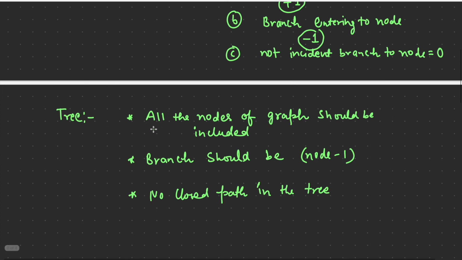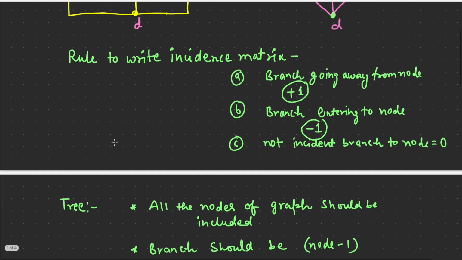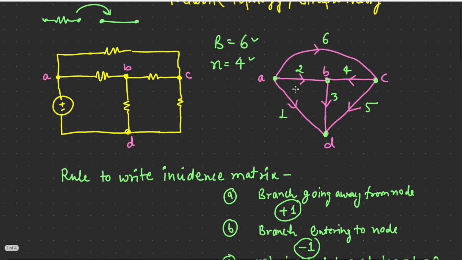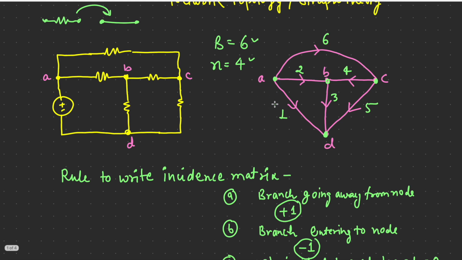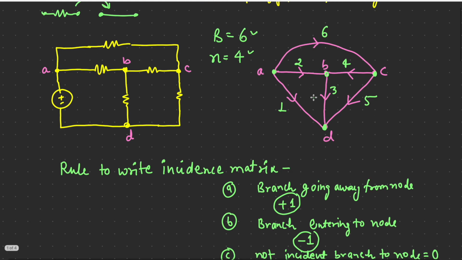Now I'll discuss the tree formation from a graph. So as you can see, we have drawn here a graph. The rule to draw a tree is we should consider all the nodes. The possible nodes are 4. So all 4 nodes will be considered out of this given graph.